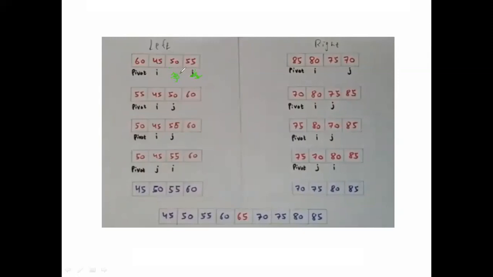So j stay here, I also stay here. Then check the condition, that is I is greater than or equal to j. So see here, I value is 0, 1, 2, 3. I is 3, j is also 3. I is greater than or equal to j.